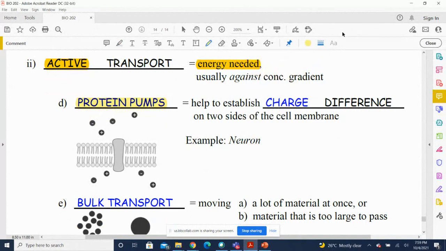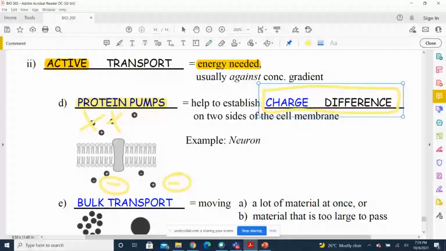One good example of that is that we end up with a charge difference. So pluses and minuses are no longer equal on both sides. We're moving all the minuses to one side and all the pluses to the other. So we're getting a negative cell charge, for example. And a neuron was a good example of that.